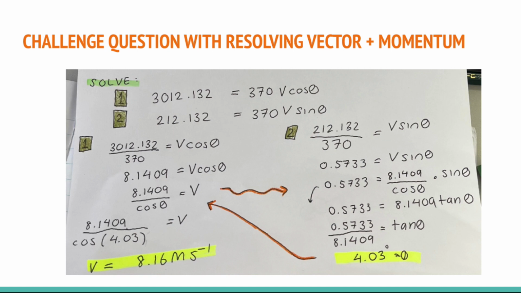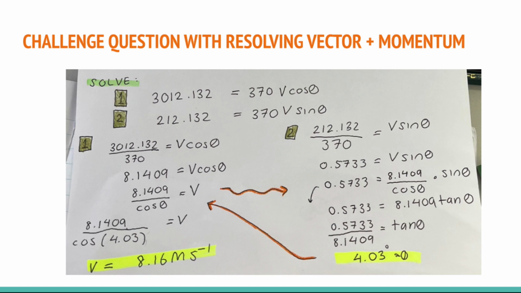So let's start off with the horizontal component. This way you can answer it simultaneously, but I did it by substitution. Again, do whatever works for you, but this works for me. As you can see here, I moved the 370 to divide 3012.132, which equals v cos theta. I worked this out to be 8.1409, and then I worked out what v is by dividing that value by cos theta, and then I substituted this value into v for the vertical component side.